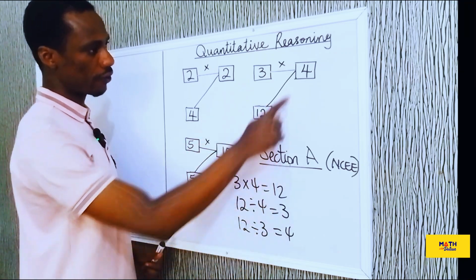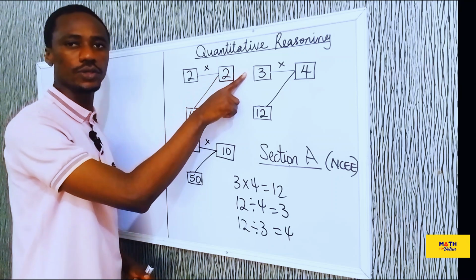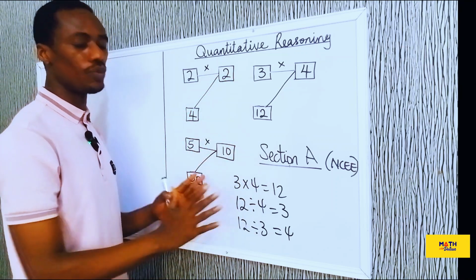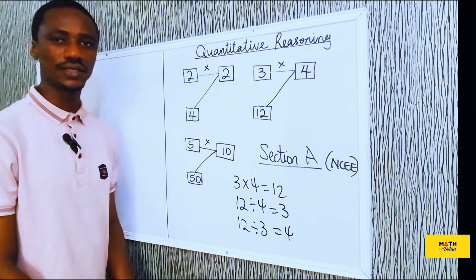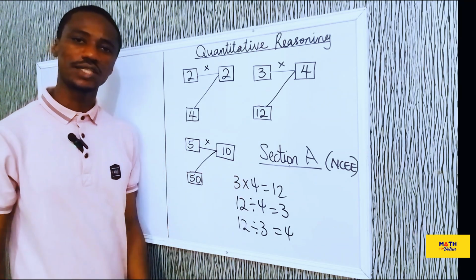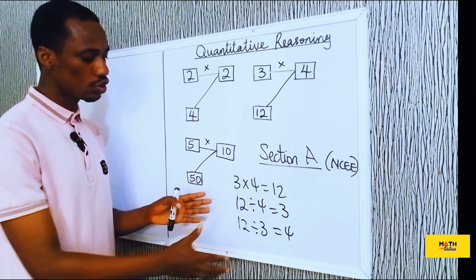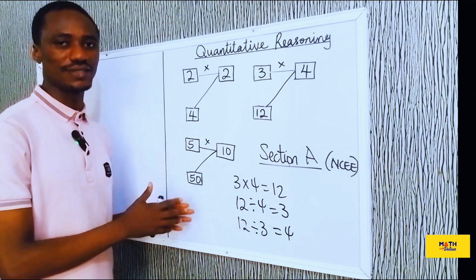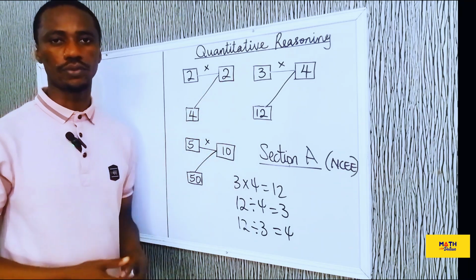If the pot of 4 is given, I'm going to do whatever is here divided by whatever I have here. And this is what we call the quantitative analysis. So you've done your analysis and then you can proceed to the question. With this, you're not expected to fail any of the questions because you already know how to get the answer to each of the pots, the components of the pattern.